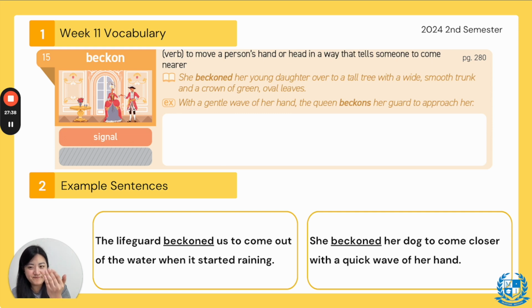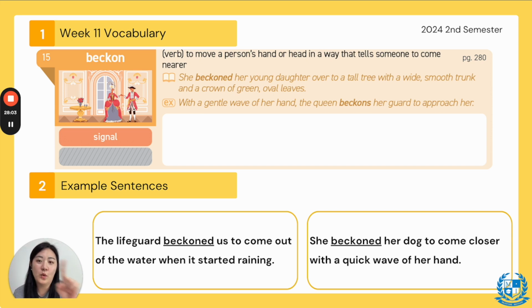You're using your head or your hand to beckon. Basically telling someone to come closer. Like, come closer, beckon. In the book, it says she beckoned her young daughter over to a tall tree with a wide, smooth trunk and a crown of green oval leaves, meaning come over to this tree.